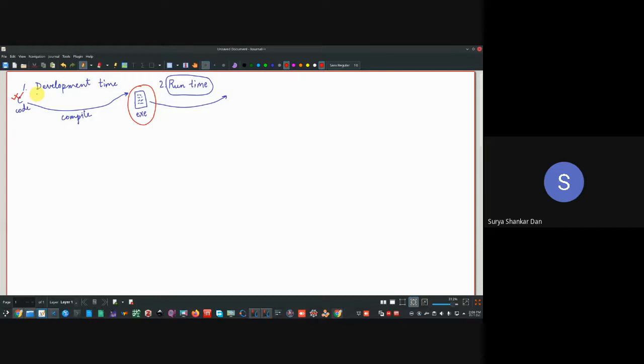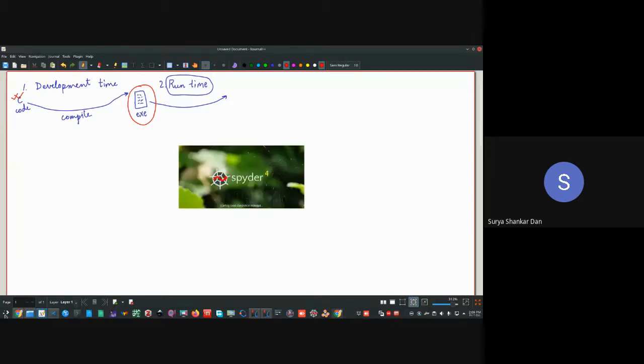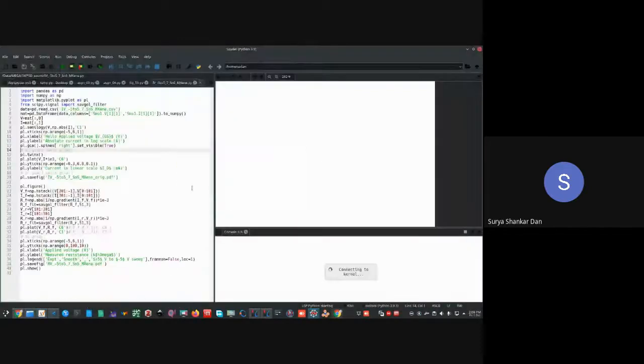For example, I can share with you right now. This is Spider. Spider is an IDE which is pretty famous. Probably many of you are already using it.